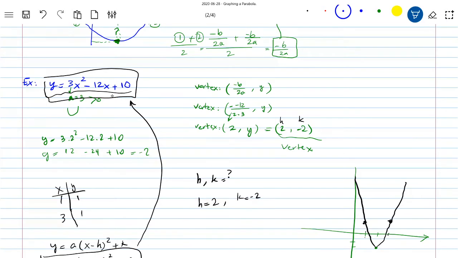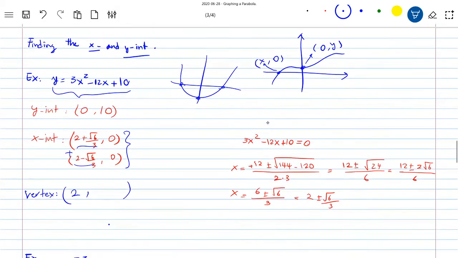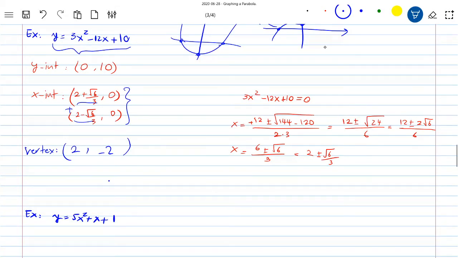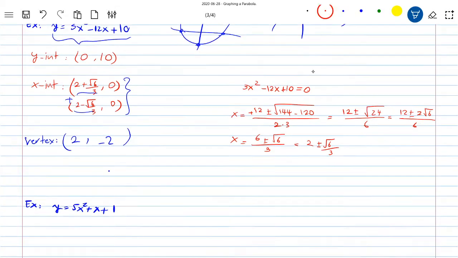This is the same number. What did we get for the vertex? We got 2 and negative 2. You see that the x coordinate is exactly 2. So we got the same thing. X coordinate is 2. Y value, you can replace 2 into the function and you will get negative 2. I just wanted to show you that these x-intercepts are going to help you to find the vertex if you forget it.